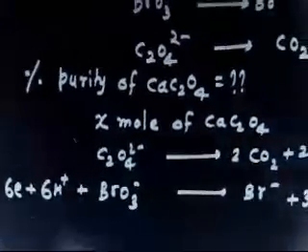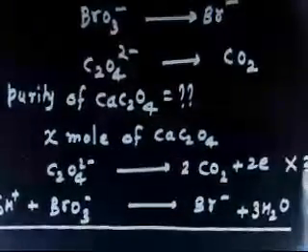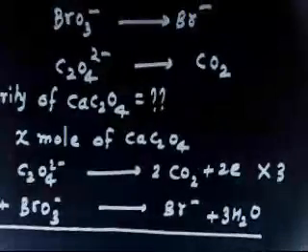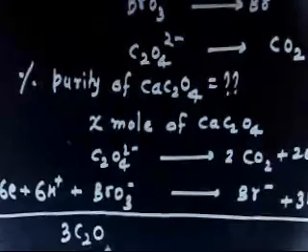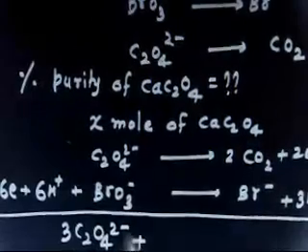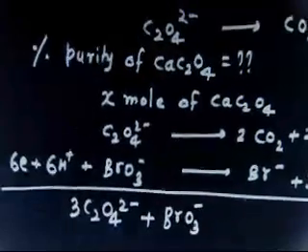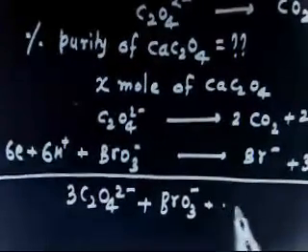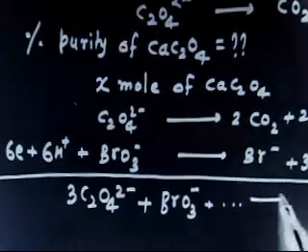If you add these two equations, you will have to multiply the oxalate equation by 3. If you multiply by 3 and add, you will have 3C2O4 2 minus plus BrO3 minus, and the rest I am not going to write because that is not my intention here.